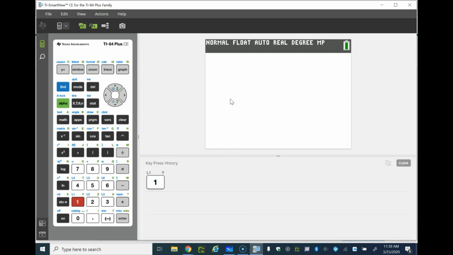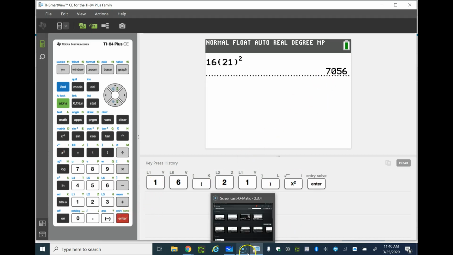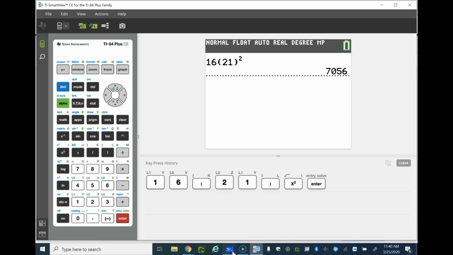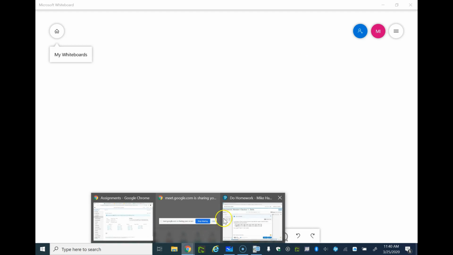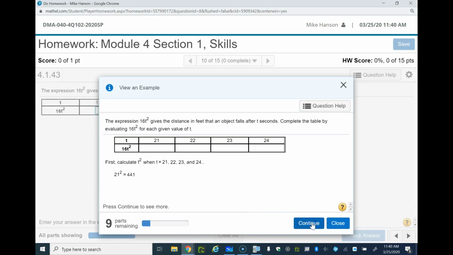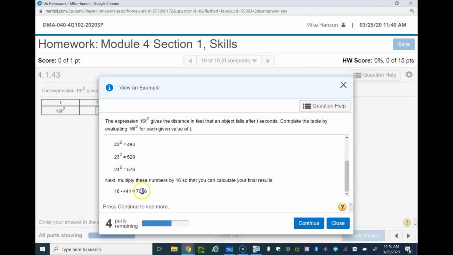So you probably did 16, then in parentheses, hit times 21, and then you squared it, and you got the answer to be 7,056. So this is the answer for the first one, 7,056.